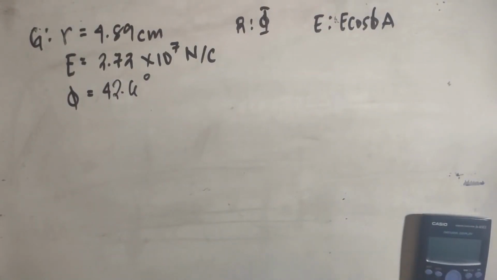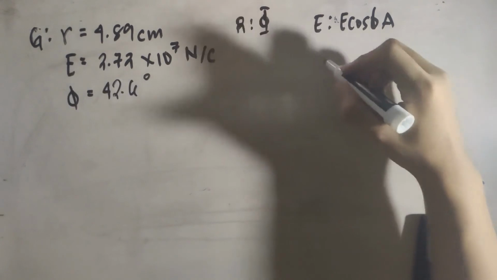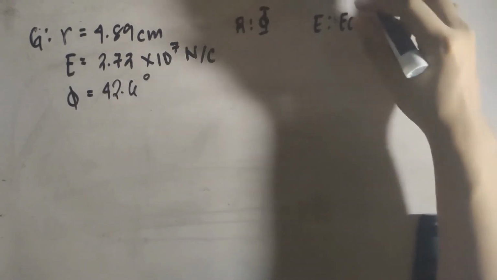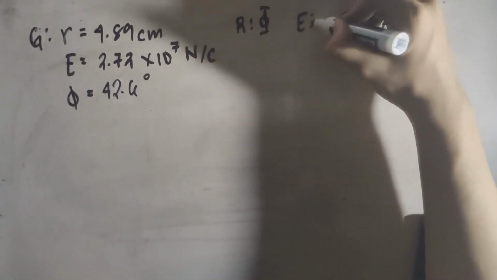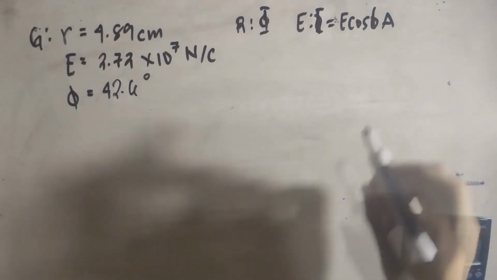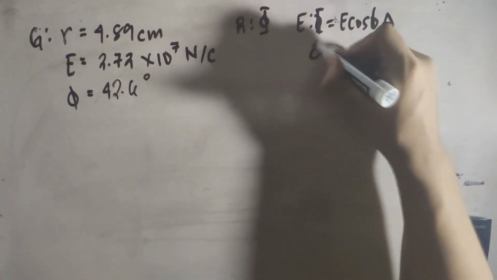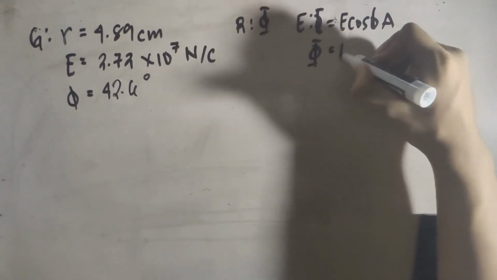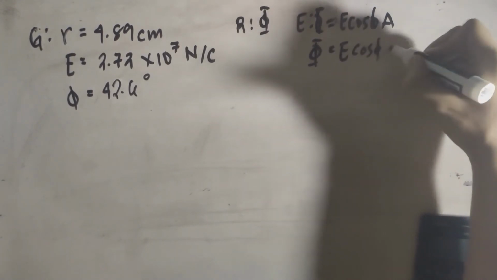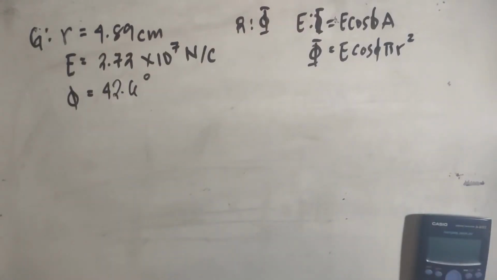Then from the problem and from the given, we can see that the area is not provided, but we are told by the problem that the surface is circular in shape, so we're going to change this to the area of a circle, so that would be E cosine phi times pi r squared. There. Then after that, we can now substitute the values.